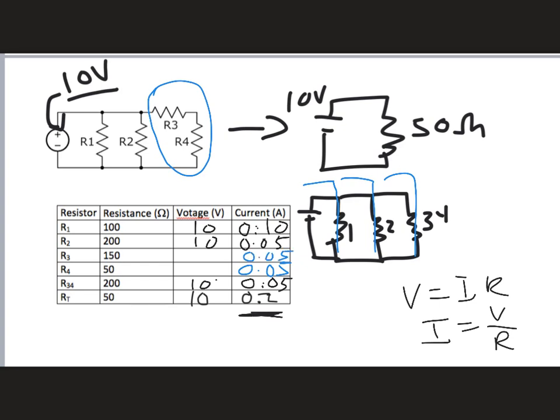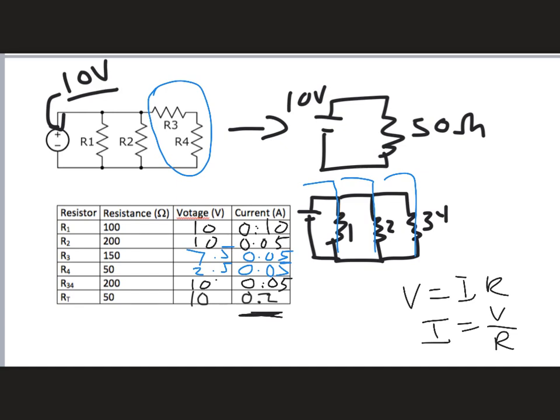And we can, again, simply apply Ohm's law. And when we do, we get that the voltages are 7.5 volts and 2.5 volts, simply plugging in V equals IR. And that gives me the voltages across all of the resistors.